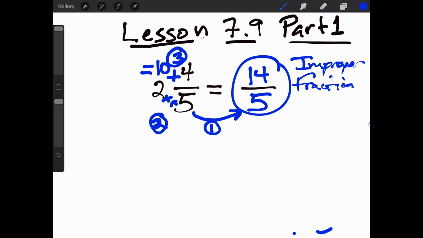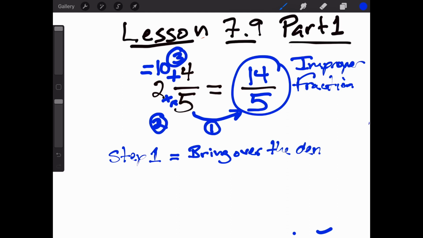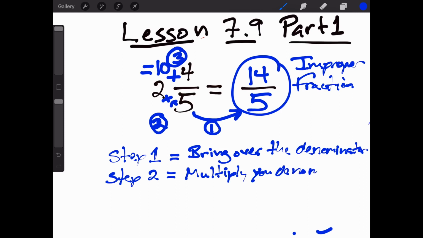Okay, so if you want, I'll write the steps. So step 1, bring over the denominator. Step 2, multiply your denominator by your whole number.